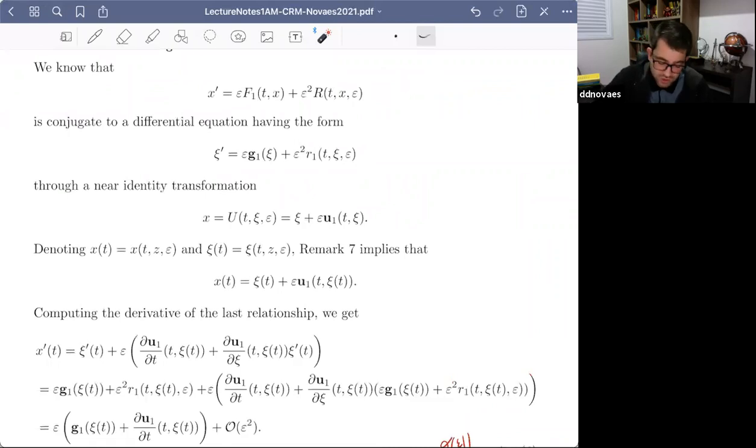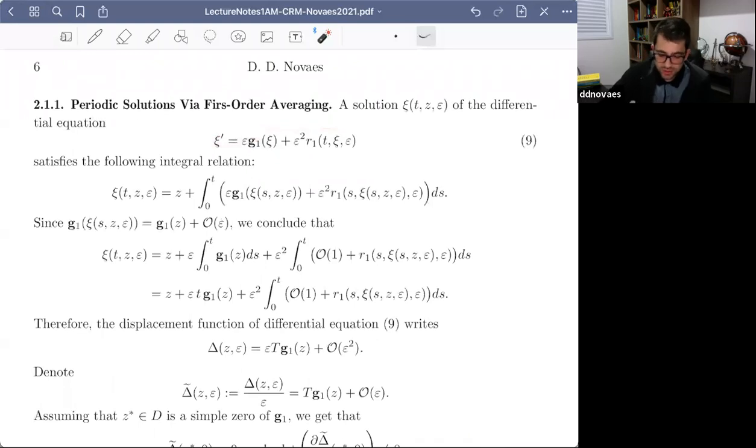For the same initial condition, the solution of this differential equation will also be periodic. So what I'm going to do is study the displacement function of this differential equation. So we consider this differential equation.